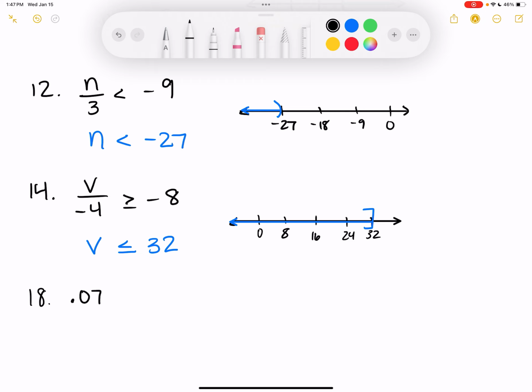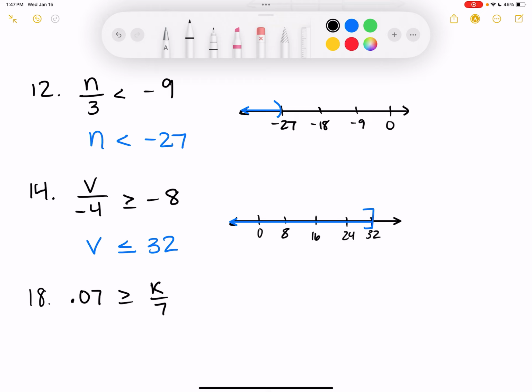18. 0.07 is greater than or equal to k divided by 7. You multiply by 7.